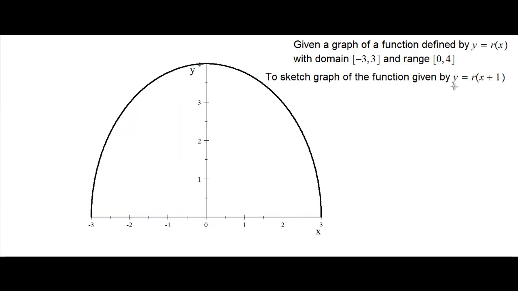Now we are going to look at a graph of the function given by the equation y equals r of x plus 1. That is, we are changing x to x plus 1. What happens in this case? We expect a shift which way? This is plus 1, so shift to the left by how many units? 1 unit.